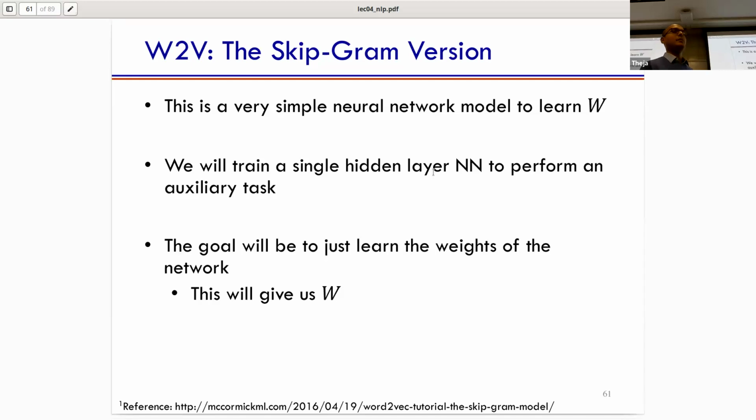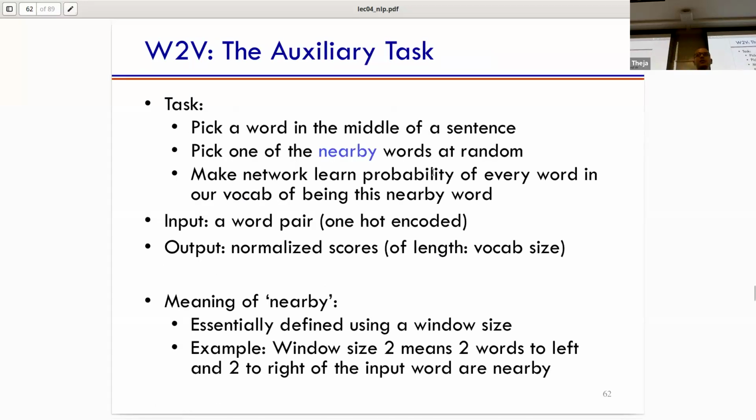But before that, let's talk about the prediction task. In the illustrative situation, I said let's have a valid sequence of 5 words and an invalid sequence of 5 words. It's very similar to that, actually. The task is that you pick a word in the middle of some sentence, and your training data is such that you try to predict the neighborhood words of that word.